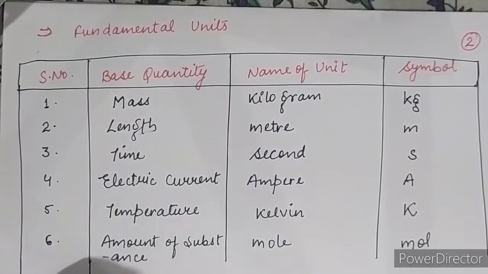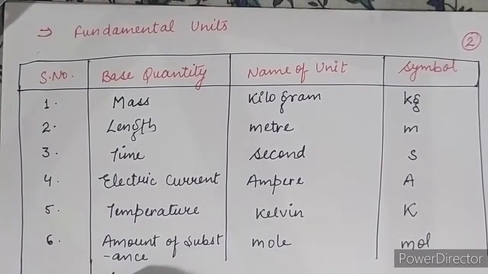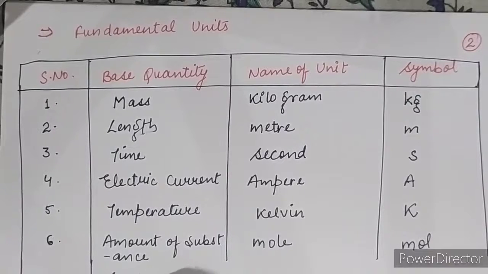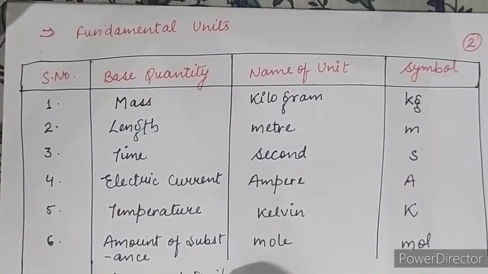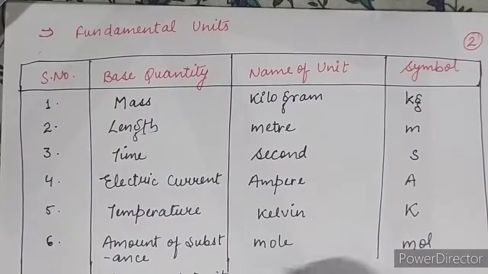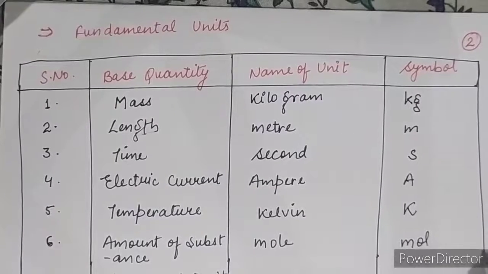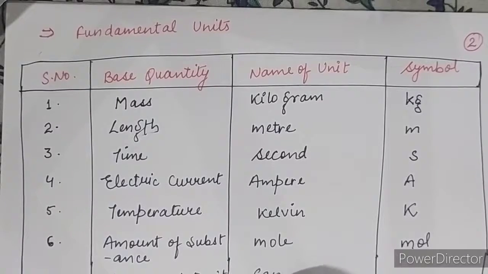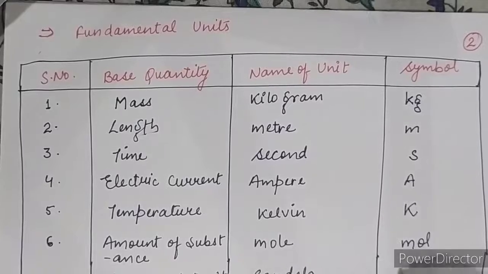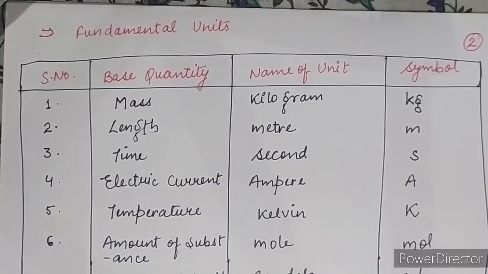Seventh one is luminous intensity, and its unit is candela, denoted by small c small d.